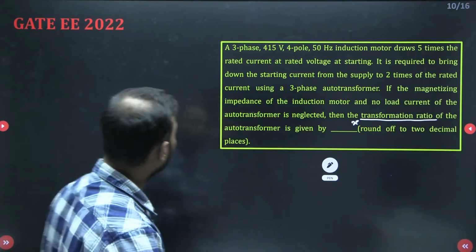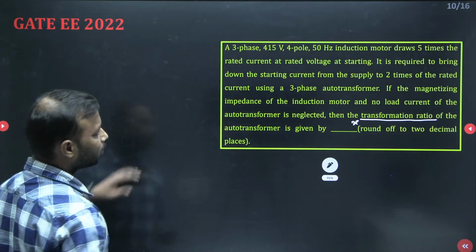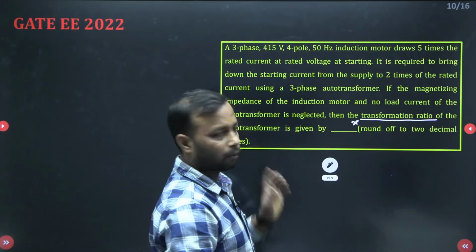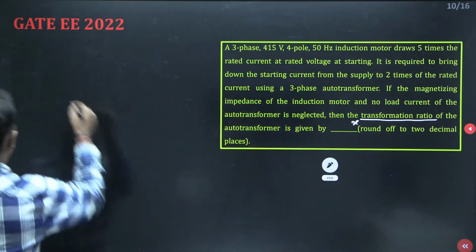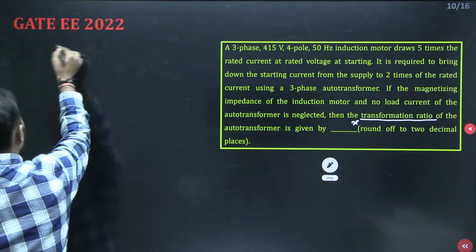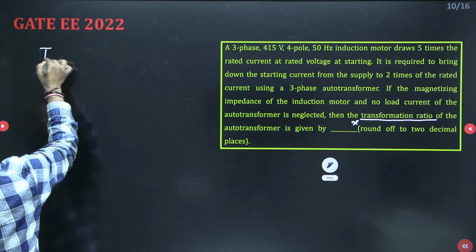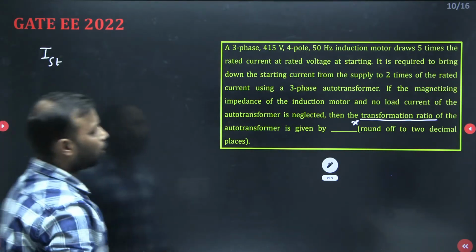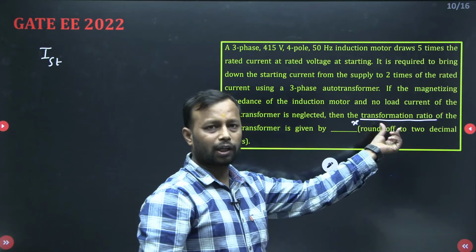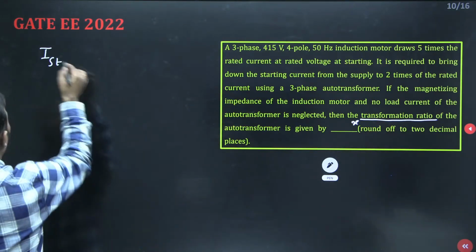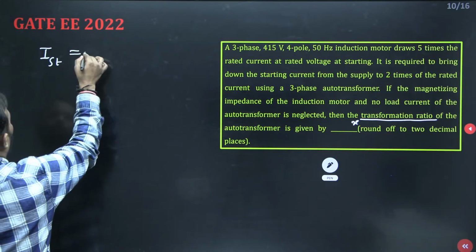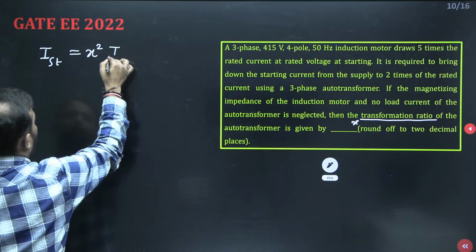Got the point? Since this question is related to the auto transformer, I can directly write, if we know the relation, that when we use the auto transformer, the starting current IST will be equal to X square times ISC.